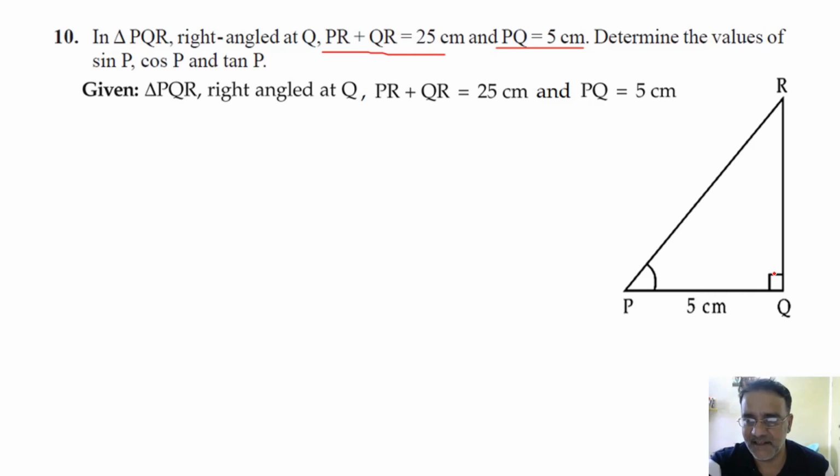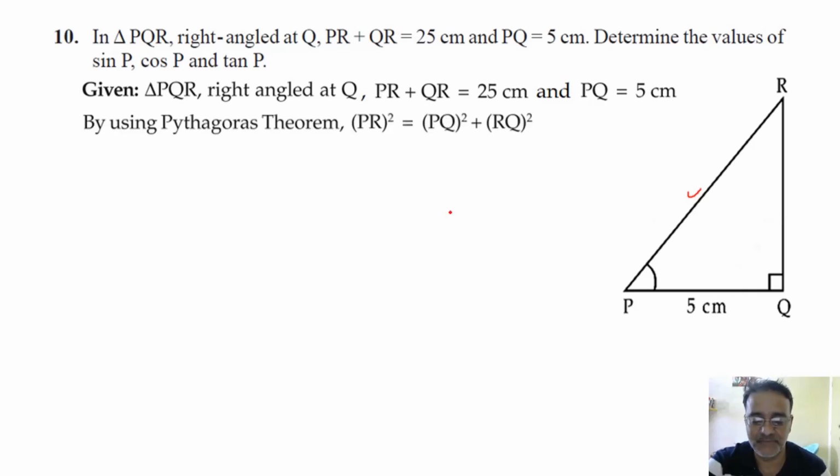PQR, right angled at Q, in which PQ is given 5 centimeter and the sum of these two sides is given 25 centimeter. Okay. So what we will do, we'll use Pythagoras theorem. According to Pythagoras theorem, PR square is equal to PQ square plus QR square.